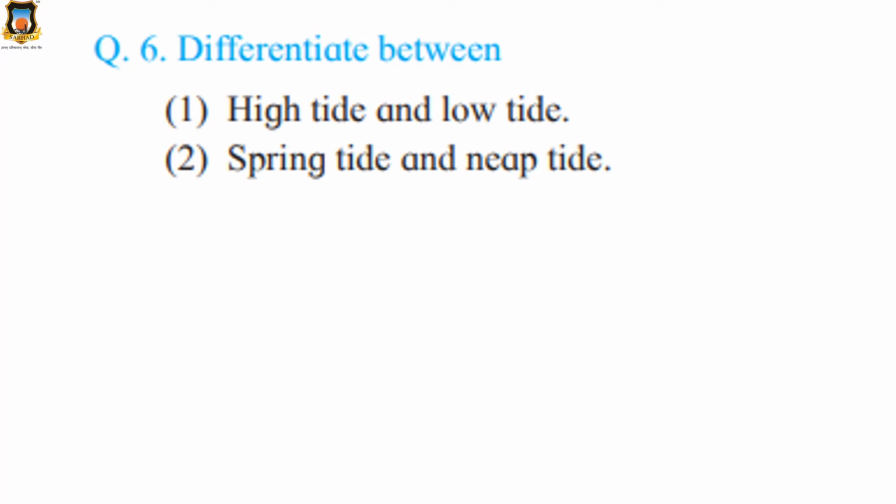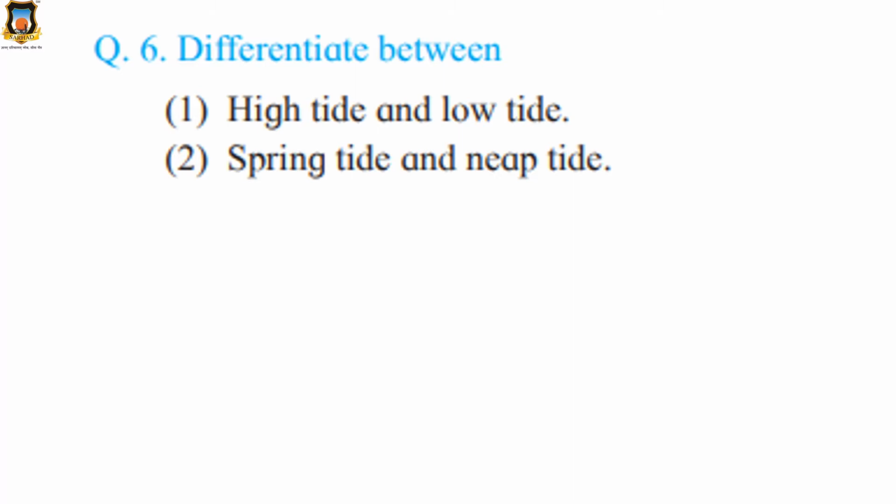Next question is, differentiate between high tide and low tide, spring tide and neap tide. This answer you will directly get in your textbooks also. What is high tide? What is low tide? There are only two points you can write over here.